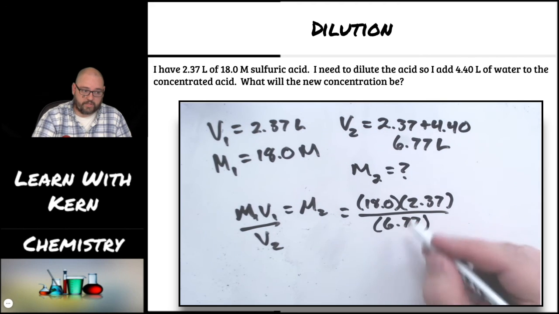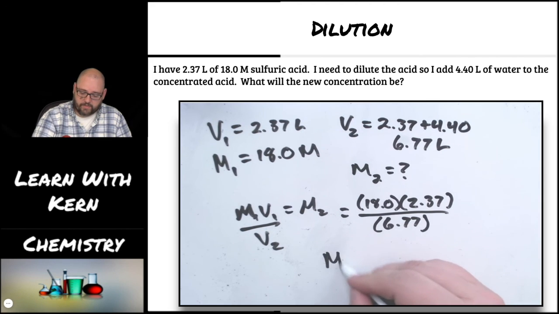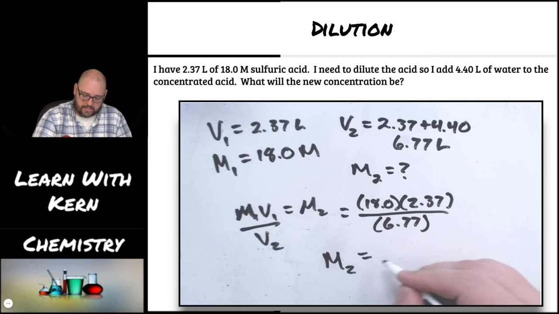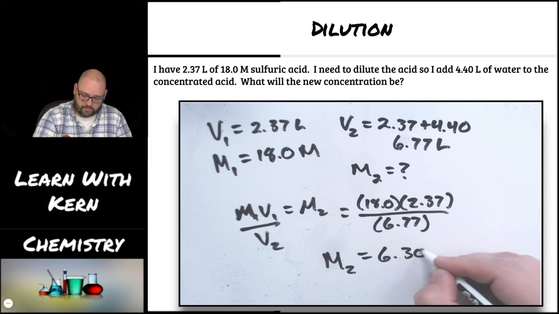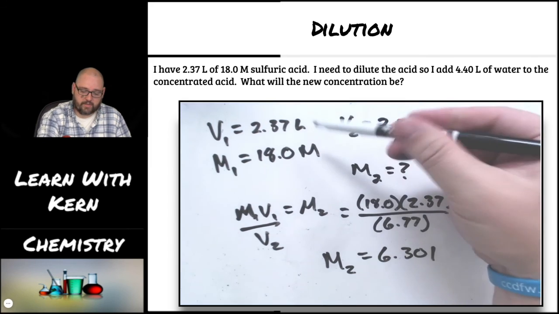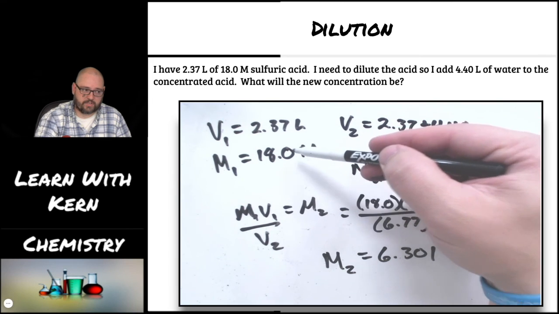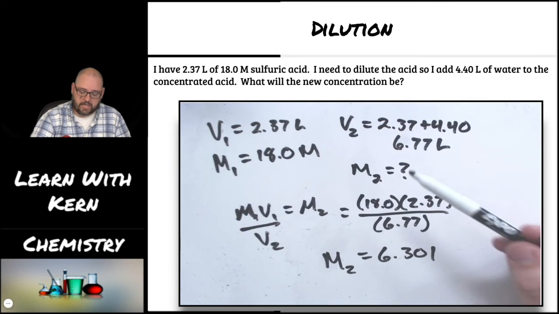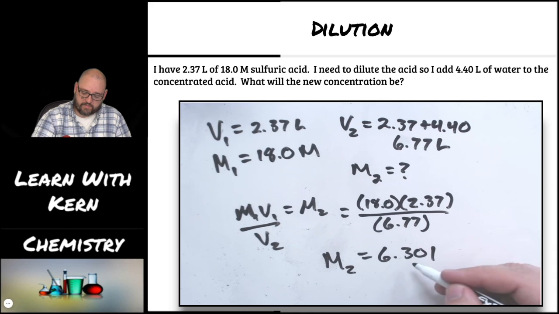So I simply plug in my numbers and then I solve, and that gives me M2 is 6.301. But again, three significant figures. So I need to keep my three significant figures. So my final molarity is simply 6.30 molar.